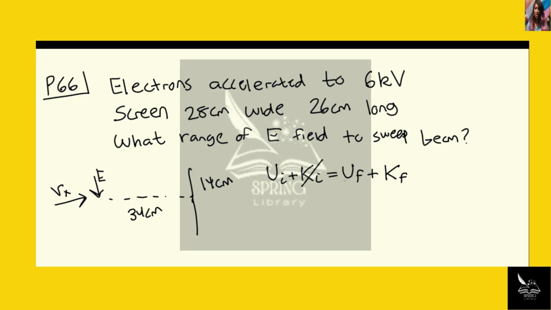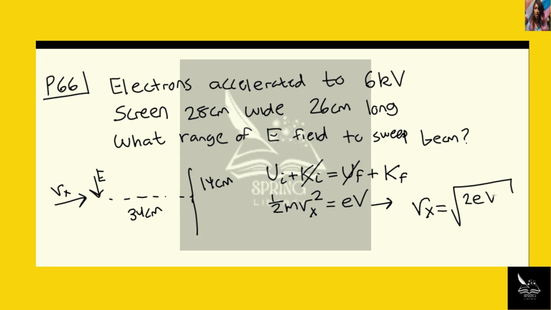And so we're going to be left with a kinetic energy of 1/2 mv squared in the x direction equal to the potential on the electrons, E times V. So we can find the velocity in the x direction of these electrons after being accelerated through the accelerator to be root 2EV over m. So we can use this for later.